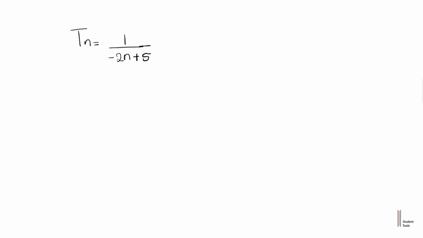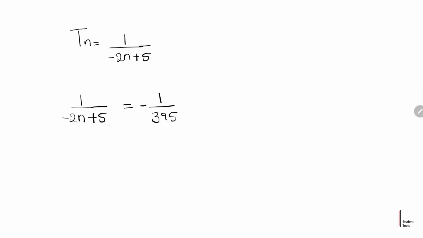So let us take the equation of the sequence, which is 1 over minus 2n plus 5, and have it equal to negative 1 over 395.